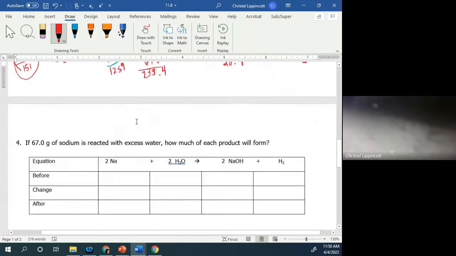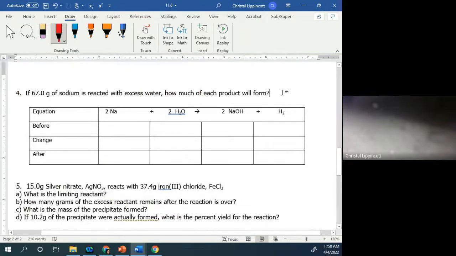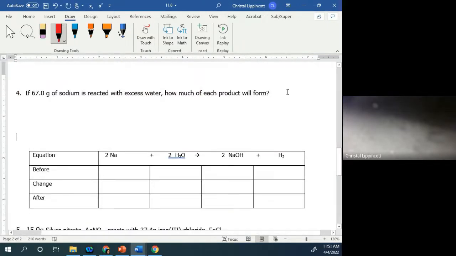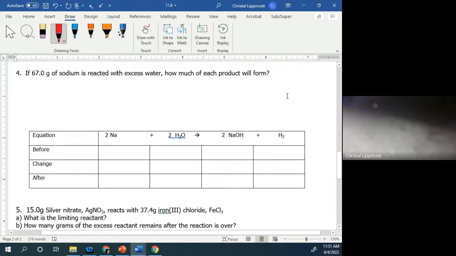Okay, let's try another one here. Hopefully I got this one right. All right. Here we've got sodium. Oh, we've got excess water here. Okay, so again, same start though. We've got to get this turned into moles. So we're going to divide by the molar mass of sodium. So 23.0.